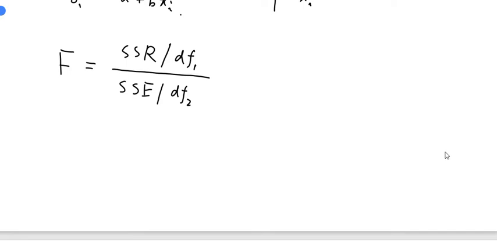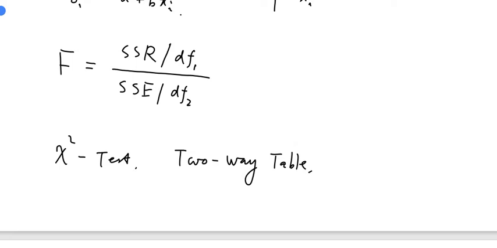So for the chi-square test, one-way table test or two-way table test, they are the same.